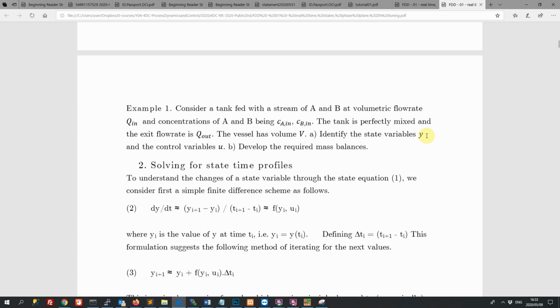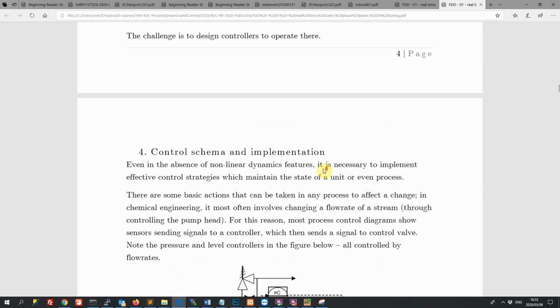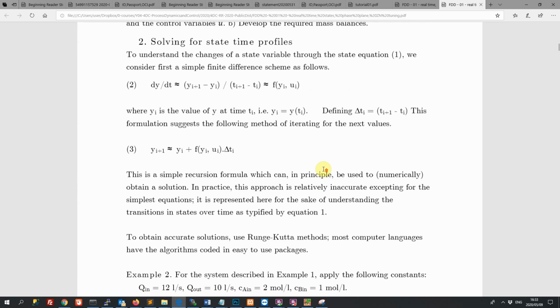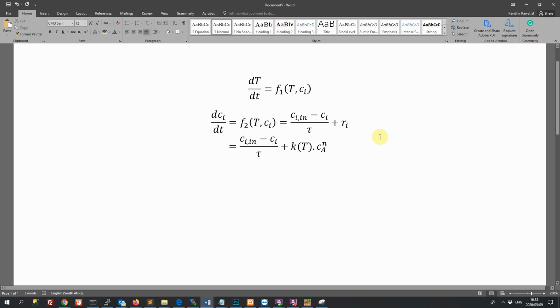And we want to identify the state variables and the control variables. And we want to develop the mass balances. And in fact, I don't think I did the solution here, and I'm not going to do the full solution here. There is another example in the tutorial where it's done in detail, but let's just do something as an outline here.